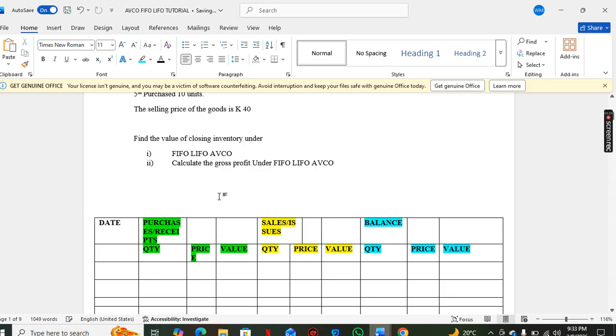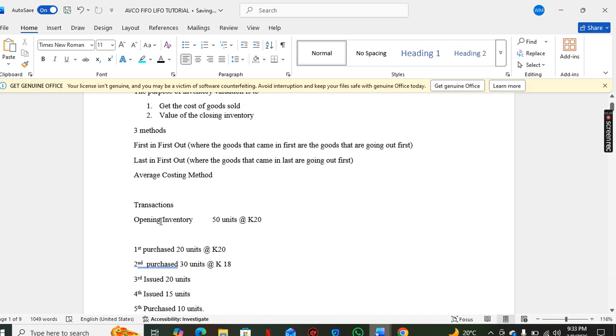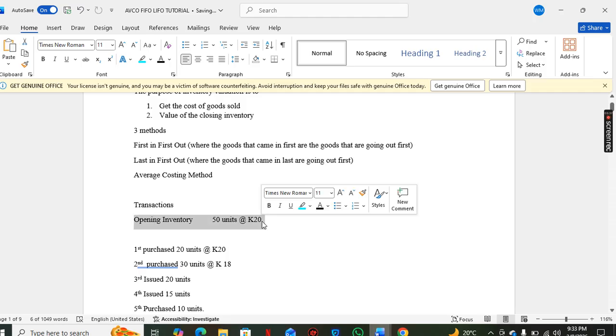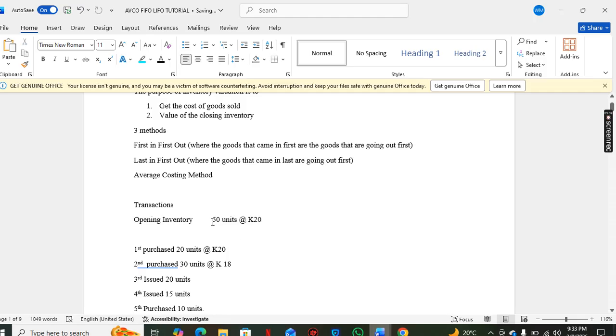So, we're going to start with the first in, first out, where the stock that came in first, the oldest stock, is the one that is issued or sold out first. So the first thing always, you look for the opening inventory. You start with this. Opening inventory, 50 units, valued at 20 kwacha.